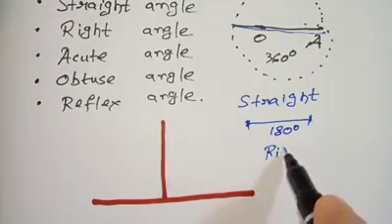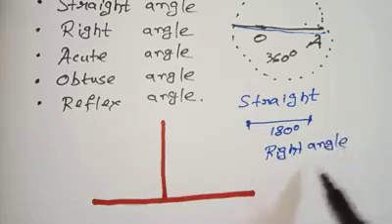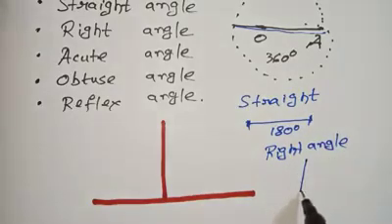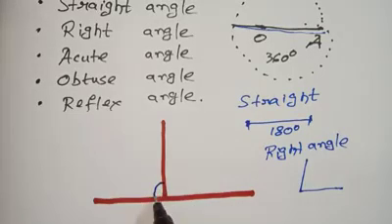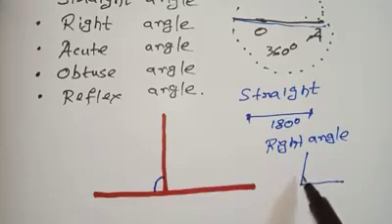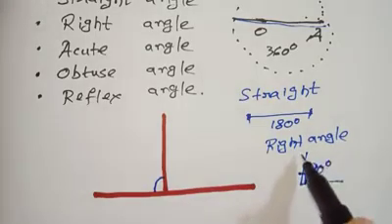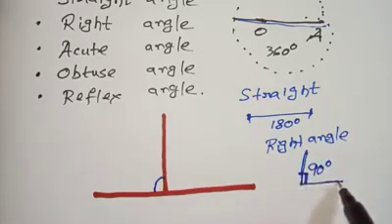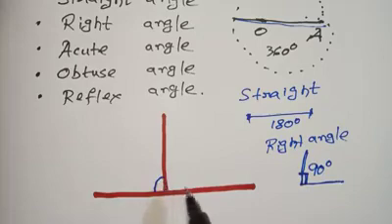So we call it a right angle, where the angle is denoted not by this, which is the general convention of denoting an angle, but we will denote it by this, and this is 90 degrees. So this is a right angle. Now we will divide this region.